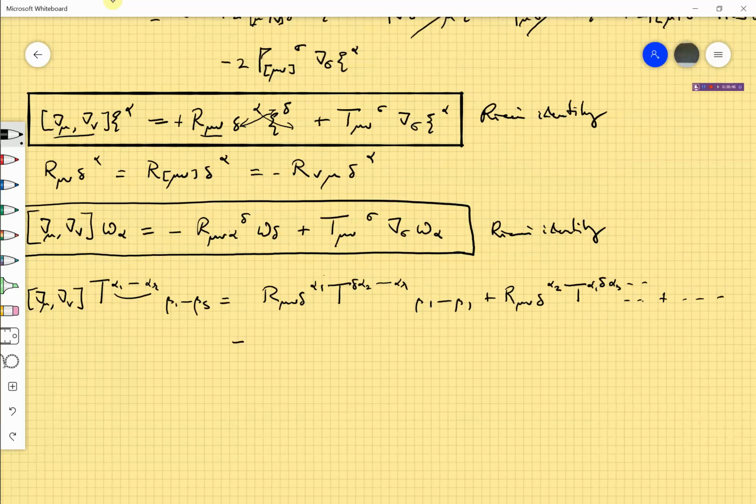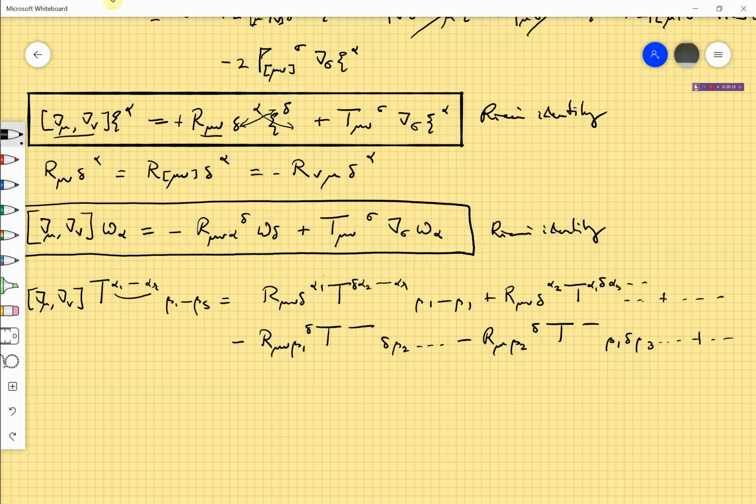And then terms with minus sign, R mu nu, it is now beta 1 delta, T, the upper index is untouched, and the first index is replaced by delta, beta 2, and so on, minus R mu nu beta 2 delta, T, upper index untouched, beta 1, delta beta 3, and so on, up to S terms, and then the term which is universal, T mu nu sigma nabla sigma of the tensor with the same indices.